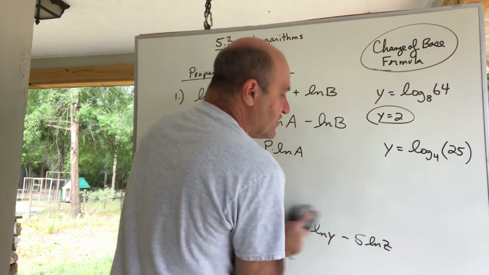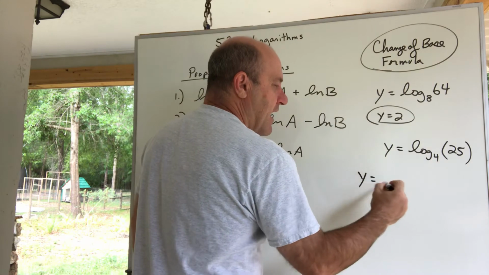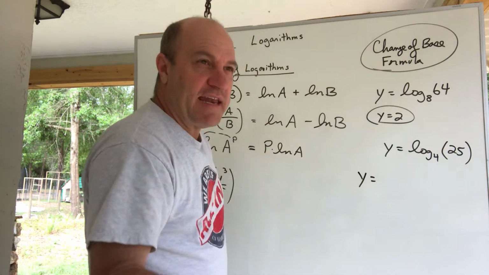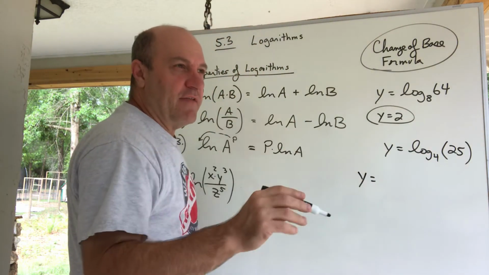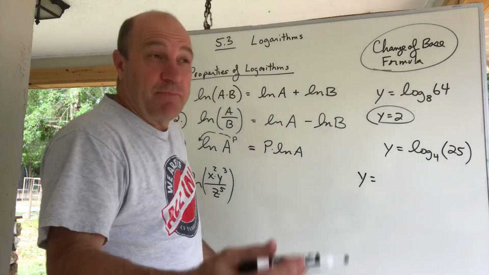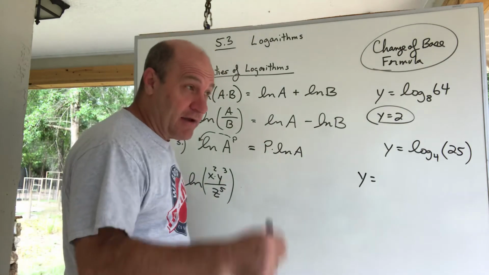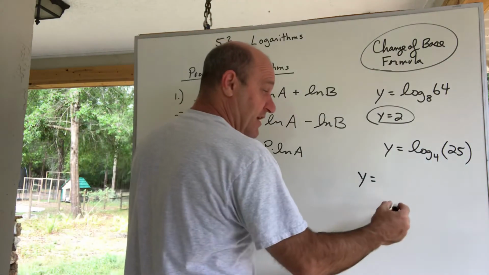But using the change of base formula, I can do this. I can rewrite this as a logarithm with any base I want. And I would pick something that's definitely on my calculator, like log base 10 or the natural log. And here it is.